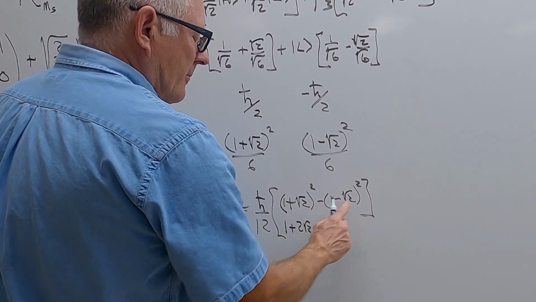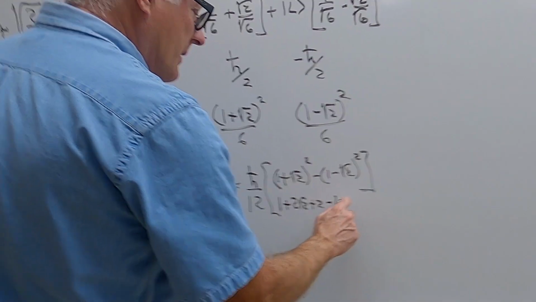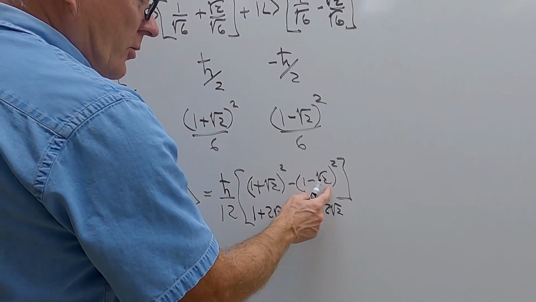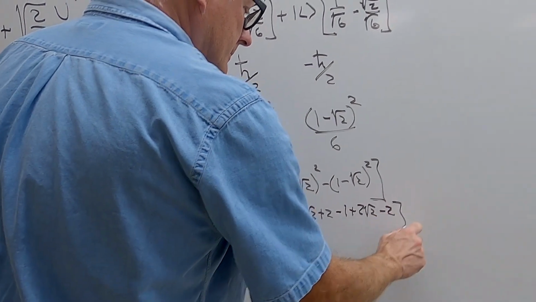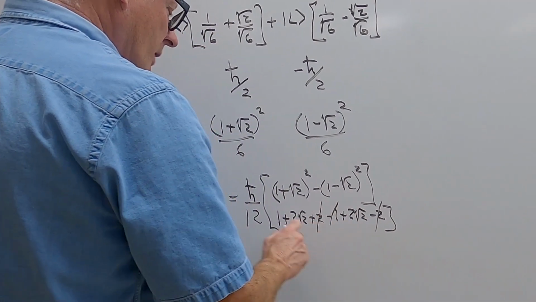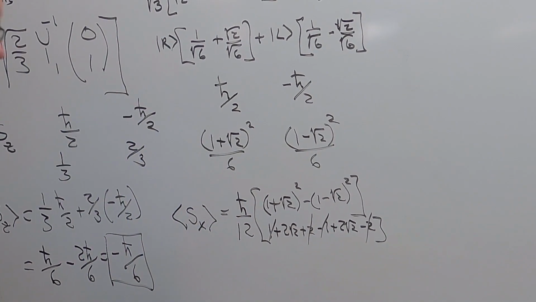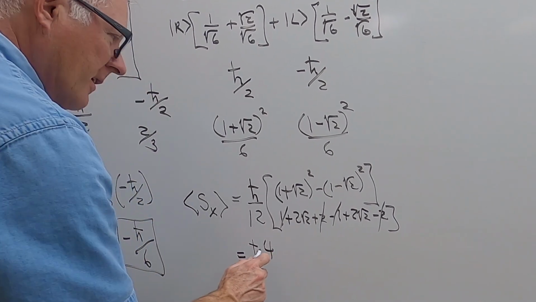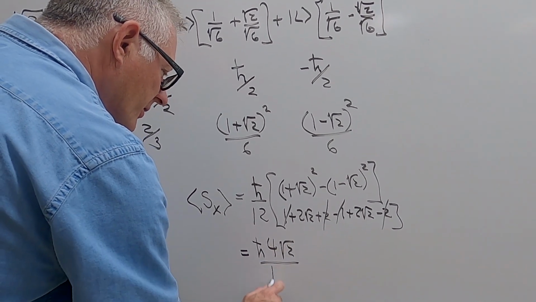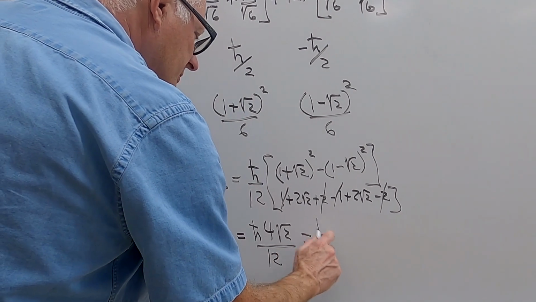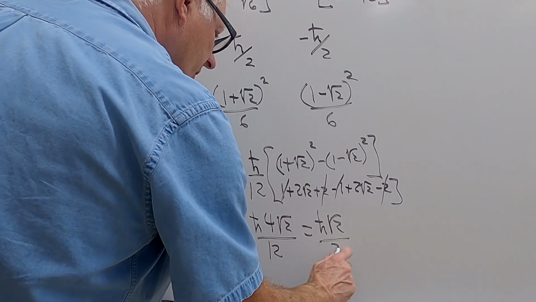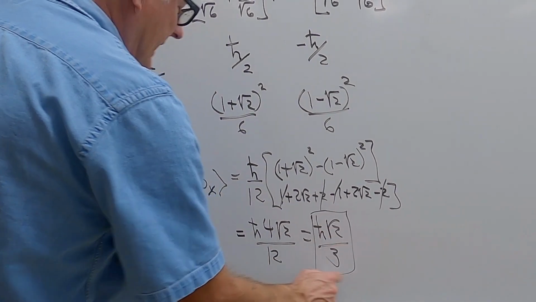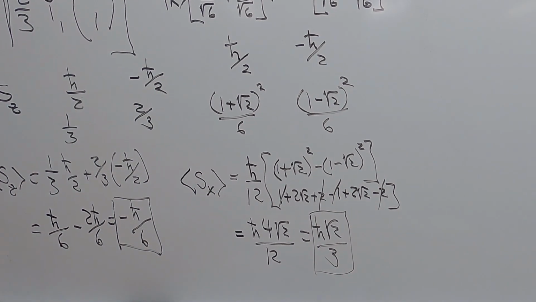And then the middle term would be minus, but then I make it plus 2 square root of 2. And then the last term would be 2 minus. So the 2's are gone, the 1's are gone. So this is just 4 square root of 2. So this would be h bar 4 square root of 2 all over 12, which is h bar the square root of 2 all over 3. So that would be S sub x, right? And we could have done S sub y or whatever we wanted right here.